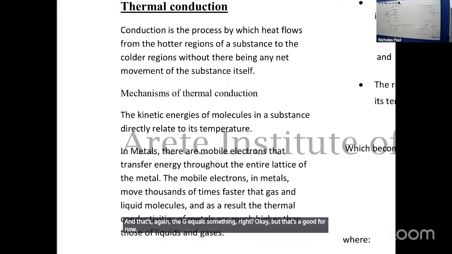Right, in metals, there are mobile electrons that transfer energy throughout the entire lattice. The mobile electrons in the metal move thousands of times faster than the particles in gases and liquids. As a result, the thermal conductivities of metals are much higher than those of liquids. So we know that, right? Metals are better conductors, and the main reason is the mobile electrons, how fast they can travel through this solid.